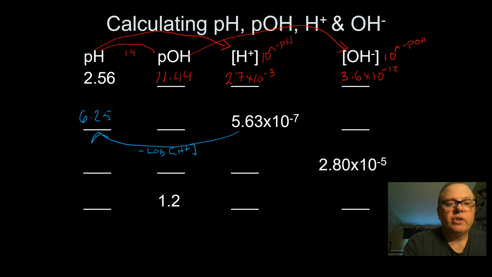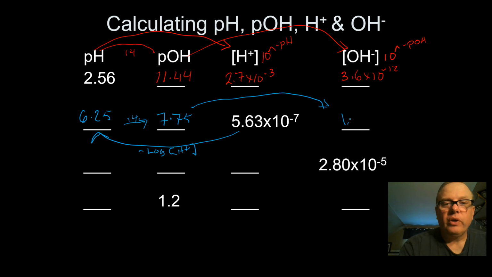Knowing that this now is 6.25, I know that this has to be 7.75 because, again, these two must add up to 14, pH and pOH. And then I can go backwards from here now and figure out what the hydroxide ion concentration is. And I'd already calculated that out as 1.77 times 10 to the negative 8.